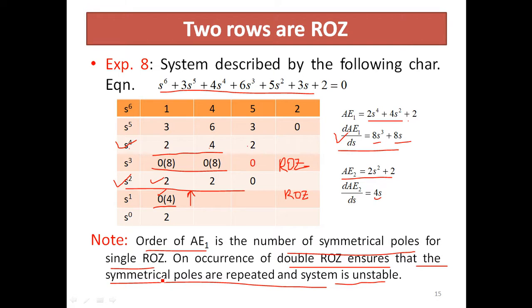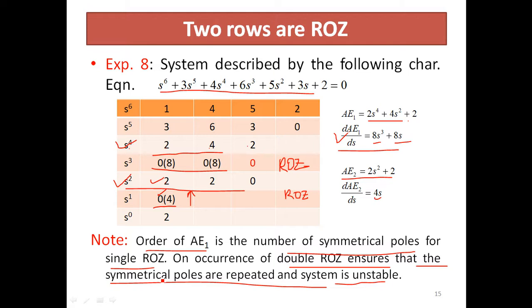In the last lecture, we established that if repeated roots are there on the imaginary axis of the S-plane, in that case the system is unstable. If repeated roots are not there, and symmetrical roots are there on the imaginary axis, maybe multiples, maybe 4, maybe 6, the system is marginally stable. But if you are getting repeated roots, your system is unstable.